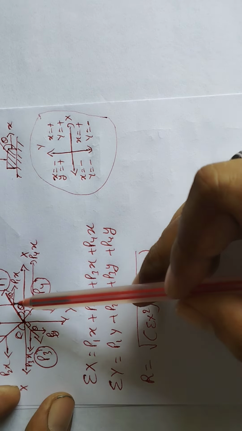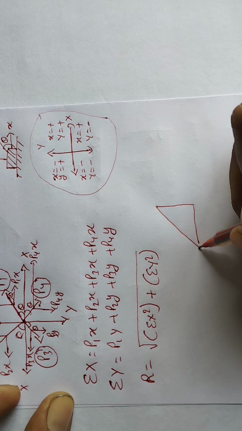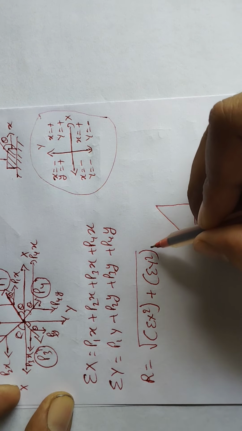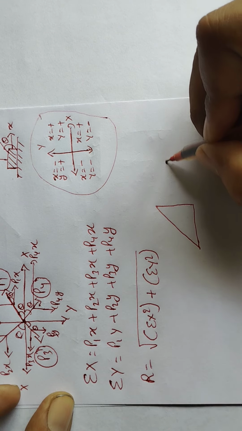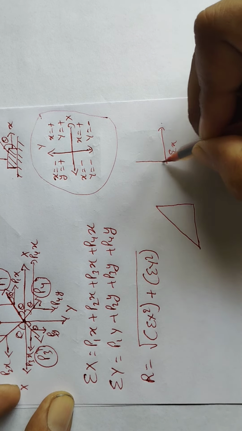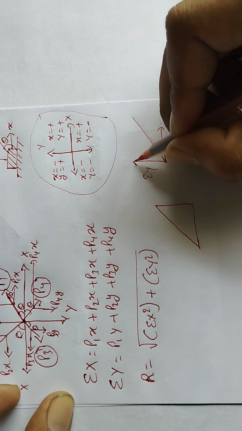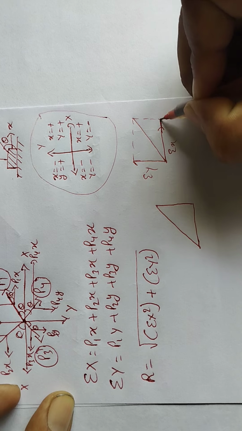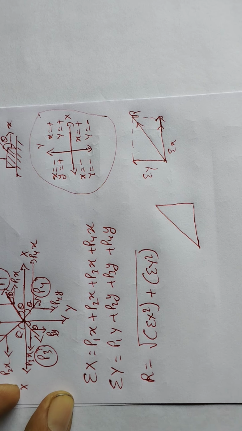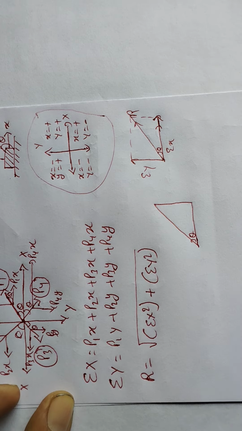Now I'll take this small angle here, so it's something like this. Our aim is to find the resultant. If this is my sum of X and this is my sum of Y, then this will be my resultant R. This is my theta.